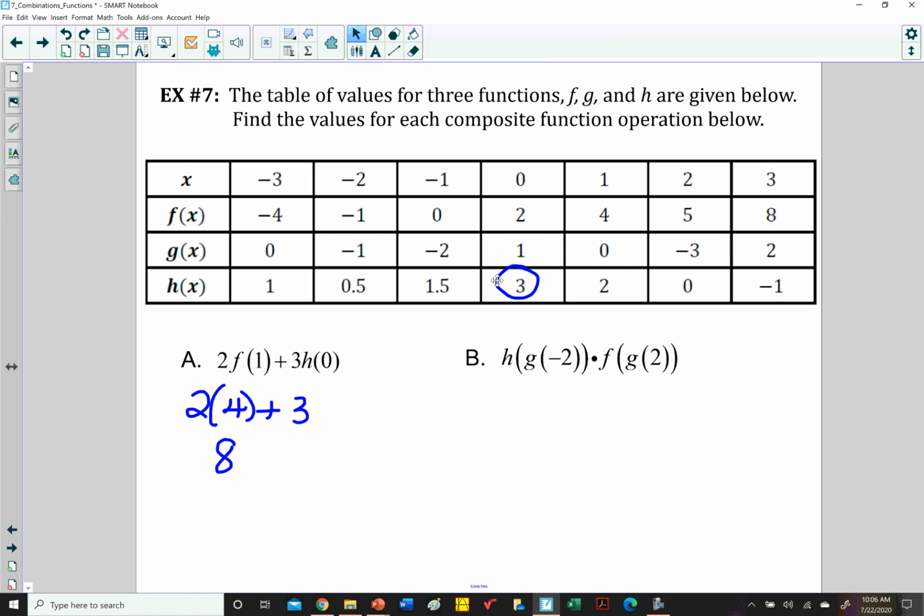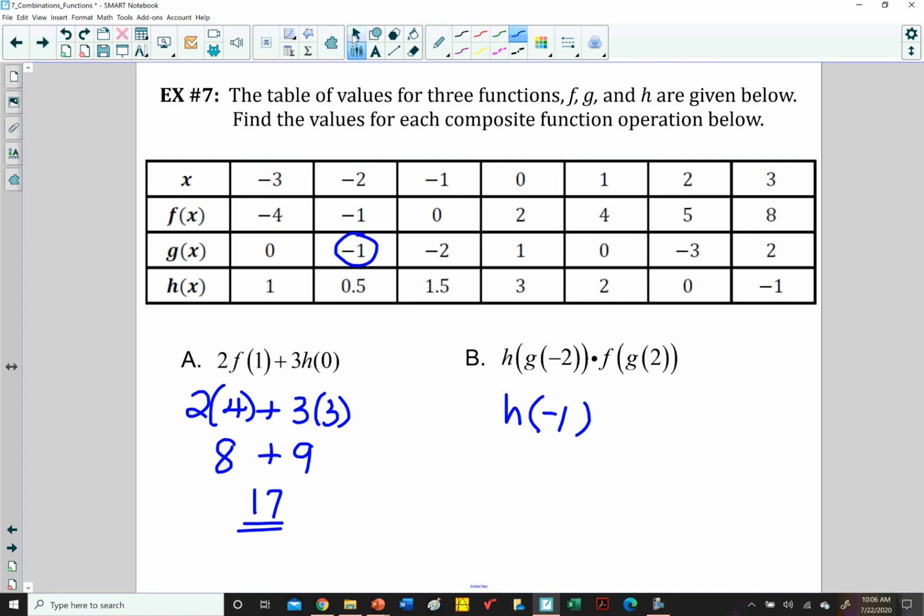So the h of 0 is 3. 3 times 3 is 9. 8 plus 9, 17. So I can find operations and combinations using tables. In example B, the g of -2, here's -2. On the g function, we have -1.